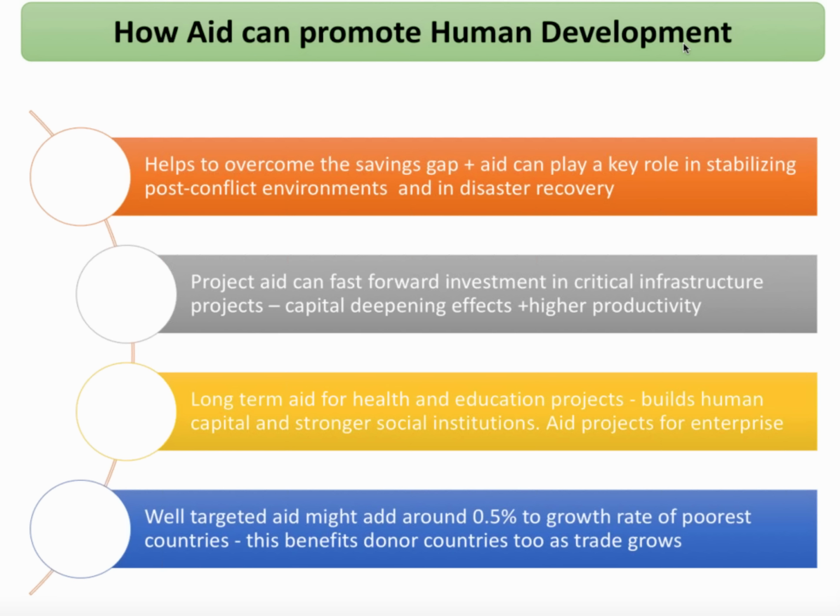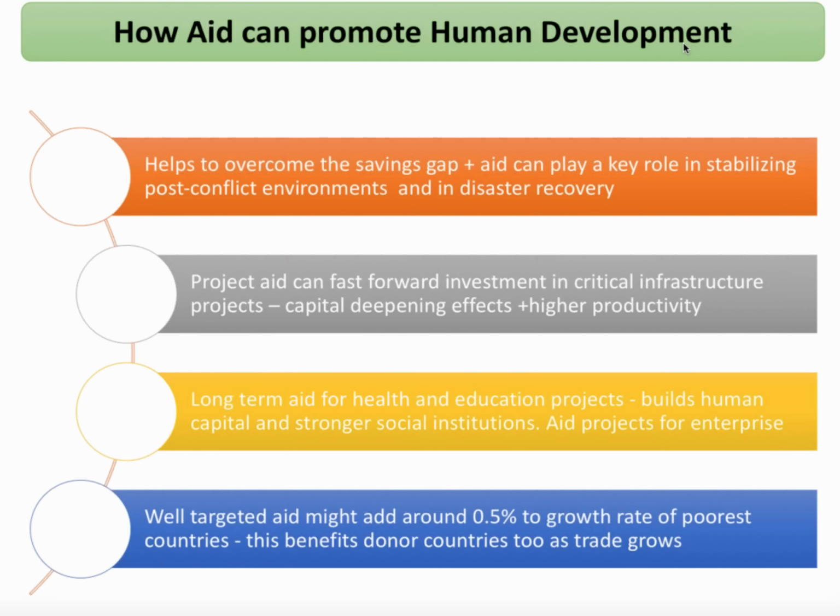It can overcome the savings gap, obviously. In countries like Haiti and Nepal, it's an important source of money for post-disaster recovery and post-conflict environments. Project aid, in particular, can actually bring about small but important infrastructure investments, be it in transport, in the environment, in energy supply, in farming, in the agricultural sectors, in terms of things like navigation and irrigation of farms, etc. So aid can actually increase capital deepening, give more capital per worker and lift productivity.